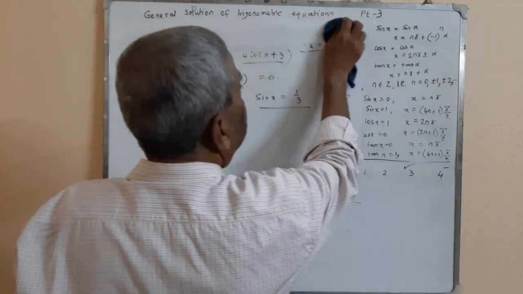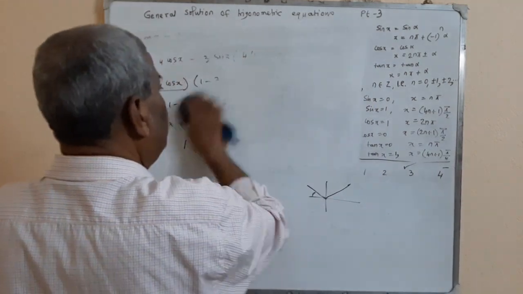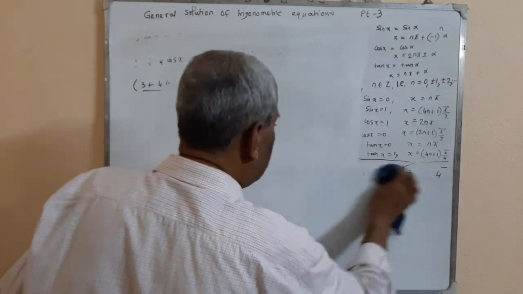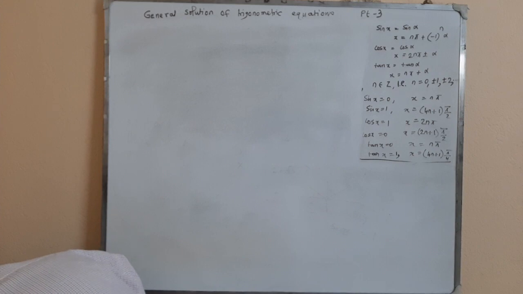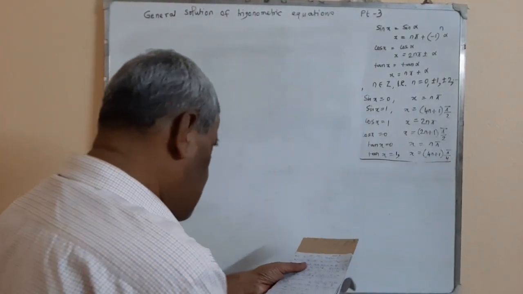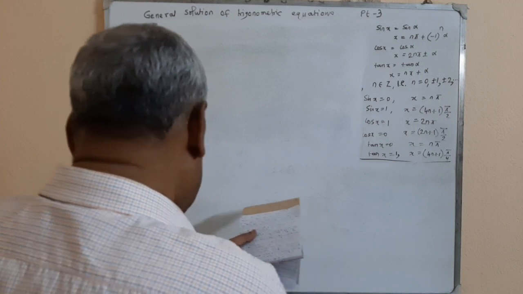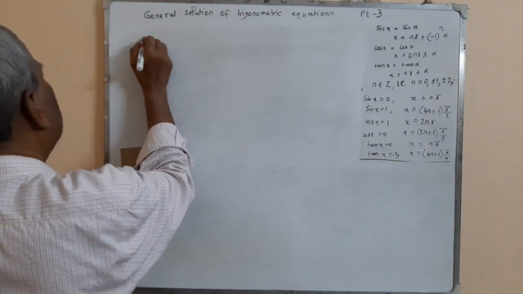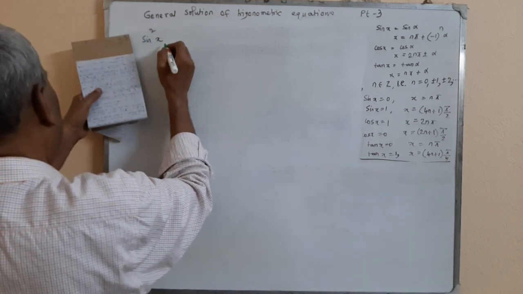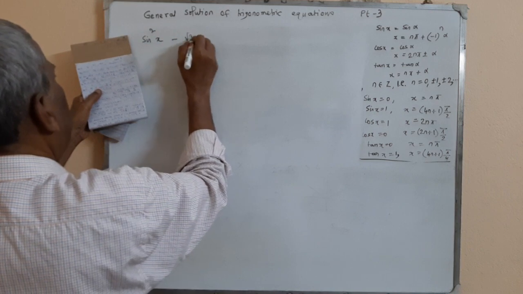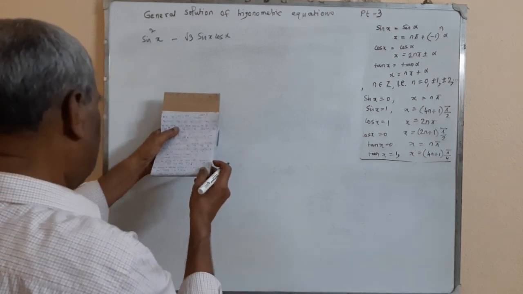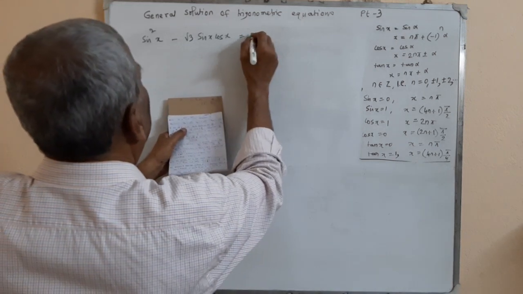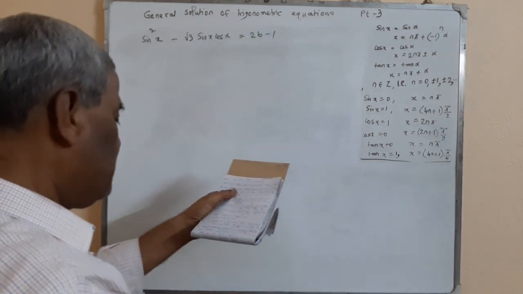Next. Our next problem is the range of b for which sin square x minus root 3 sin x cos x is equal to 2b minus 1 has a real solution.